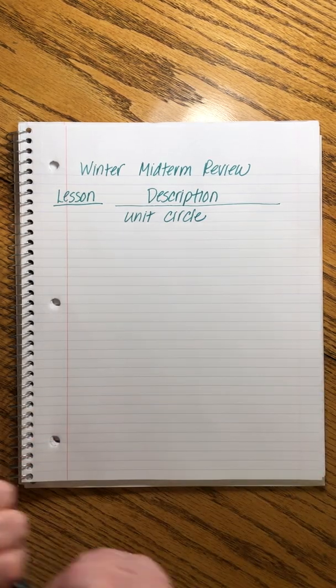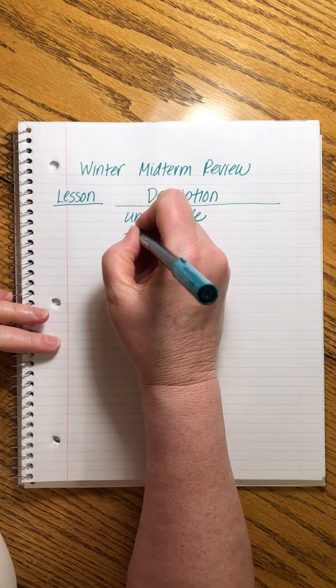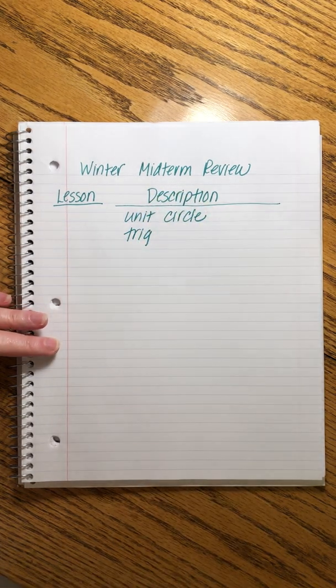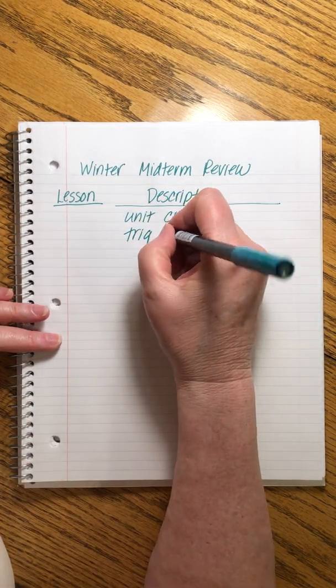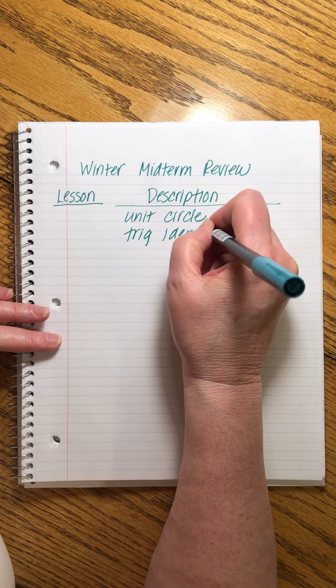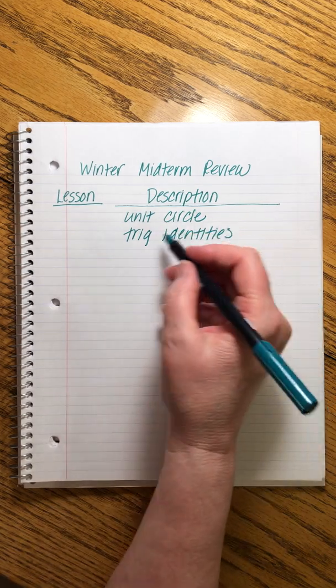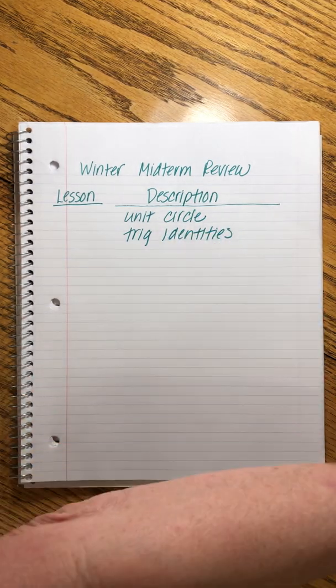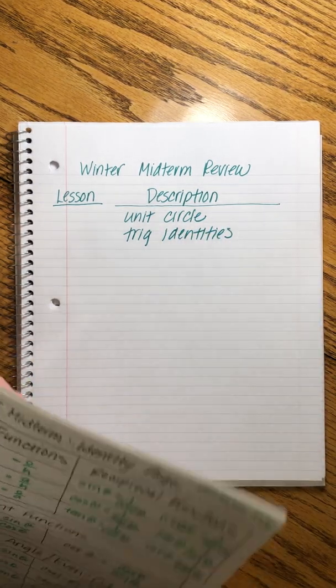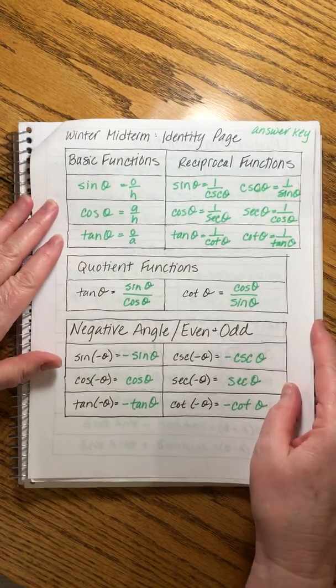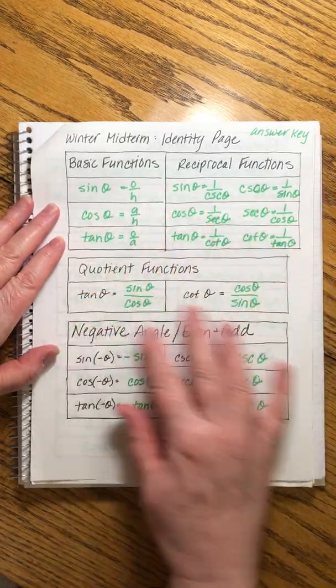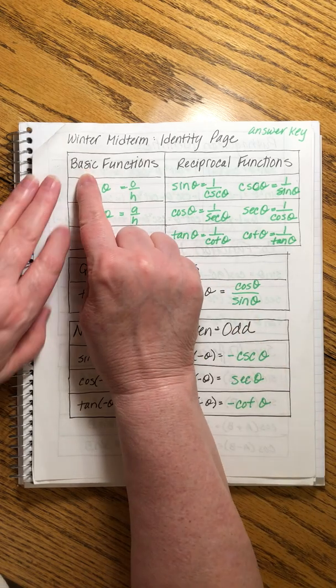The other thing I will be giving you is a form to fill out your trig identities. This is a blank form. The trig identities is a sheet that I've developed to help you organize your answers. The green are the answers that I've written in. The black is what you will get.